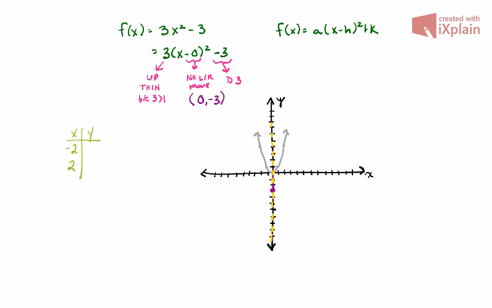So if we plug those into our function, in other words, if I try to find out what f of -2 is, I can evaluate. So this is 3 times -2 squared.